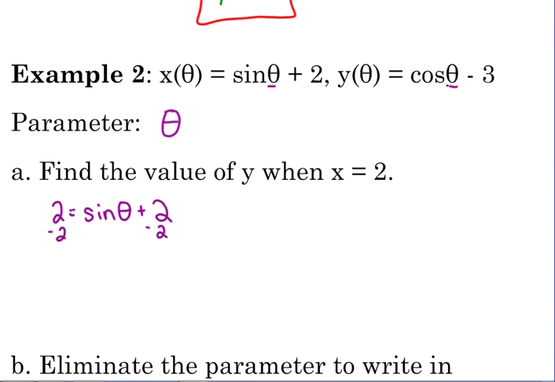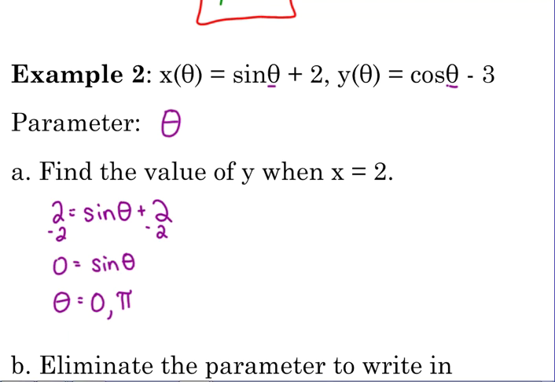We have to get the trig function by itself, so we subtract the 2, so 0 is equal to the sine of theta. Now the question is, at what angle is the y-coordinate 0, because sine is the y-coordinate. The y-coordinate is 0 at 0 and at pi. You could also include 2 pi, but just remember 2 pi and 0 are the same thing.